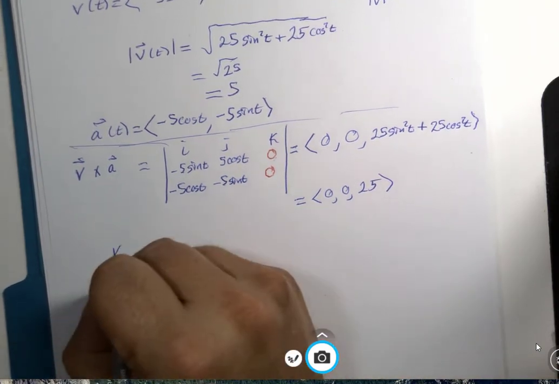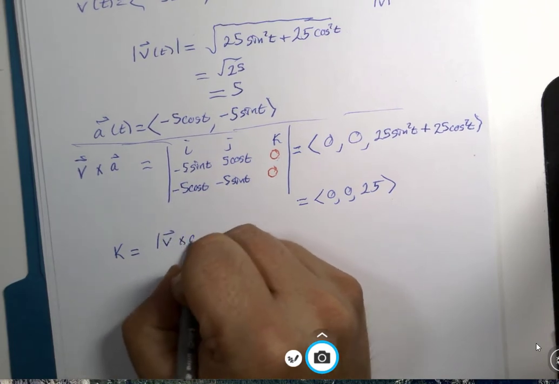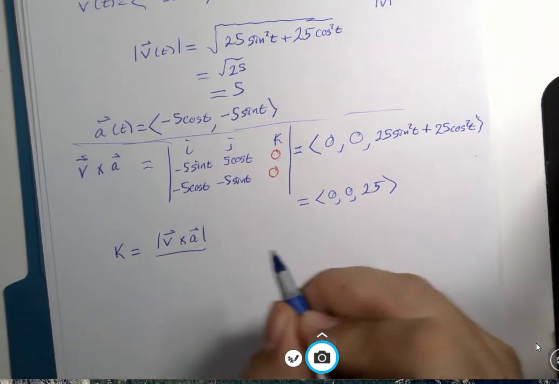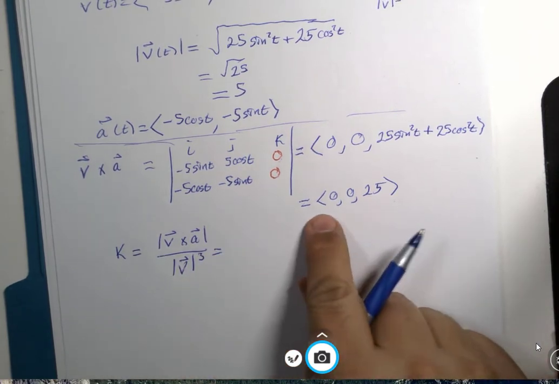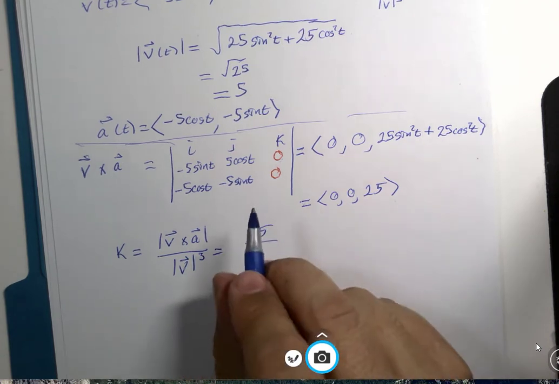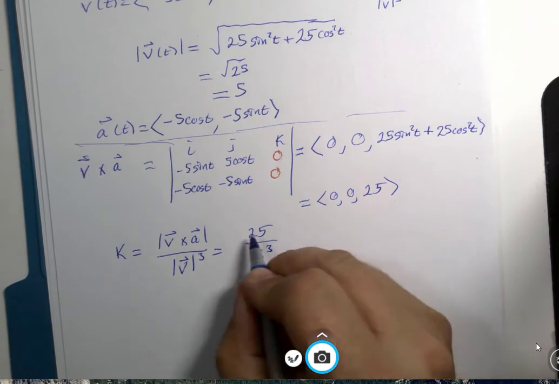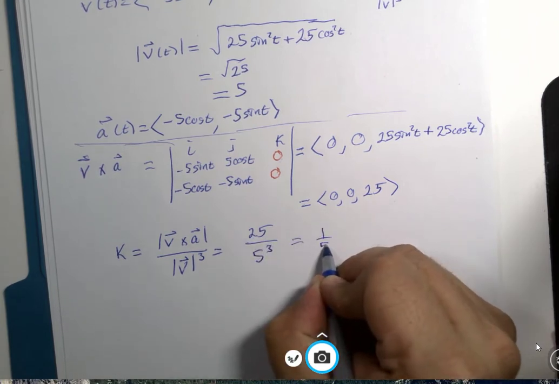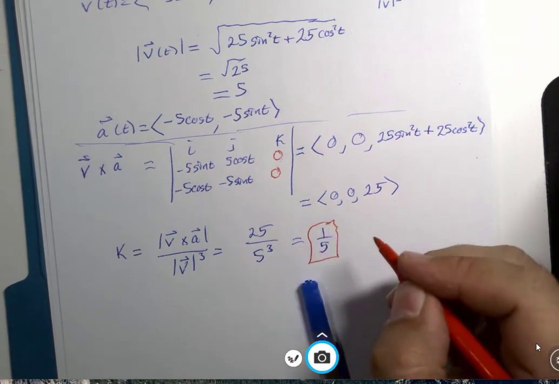Well, if curvature is the magnitude of that vector over the magnitude of velocity cubed, the magnitude of this vector is just 25. And the magnitude of velocity was 5 cubed. That's 5 squared. This is just 1/5.